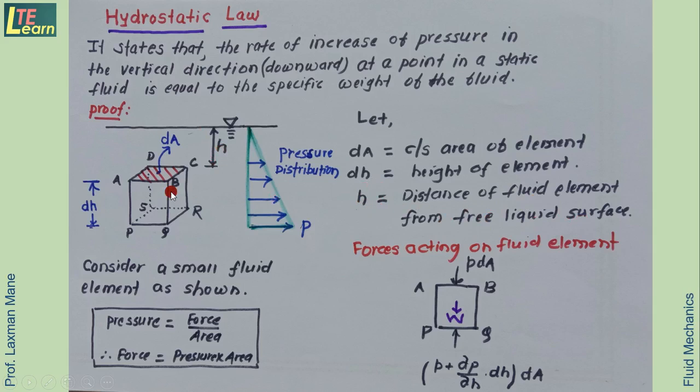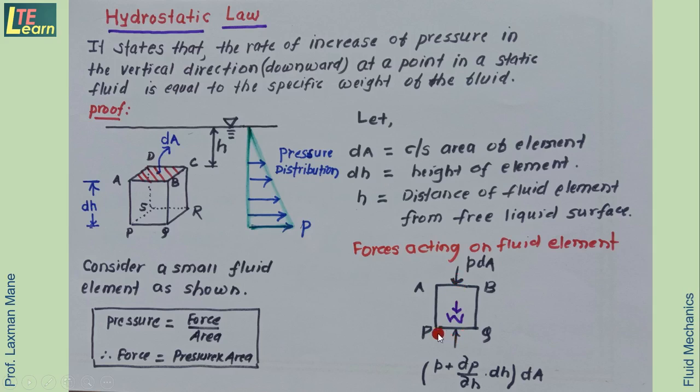Now on this element different forces are acting. These are shown over here. On the AB plane the force is acting. By definition it is the product of pressure into area, so it is P into the small elemental area dA. So this force P dA is acting vertically downward.